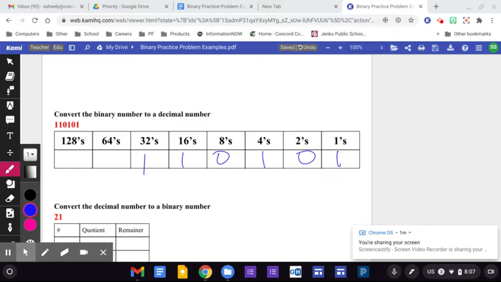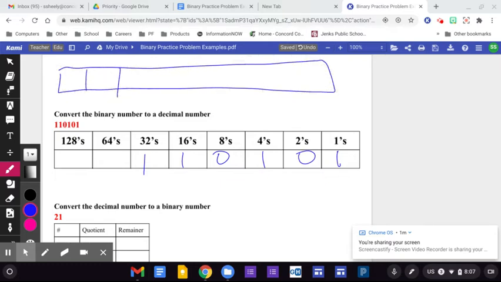Now, I'm not going to give you this table that you see up where the 128, the 64 is, all of that. What I would recommend doing is when you start your assignment, I would draw this table up here just for reference for yourself. That way you have it, and then you can just plug in that information.